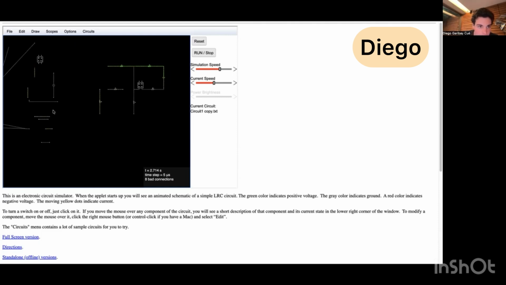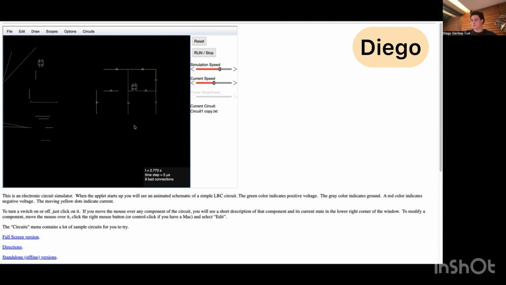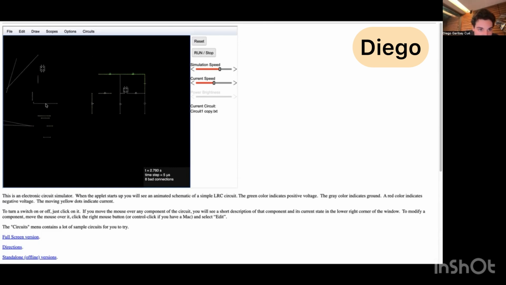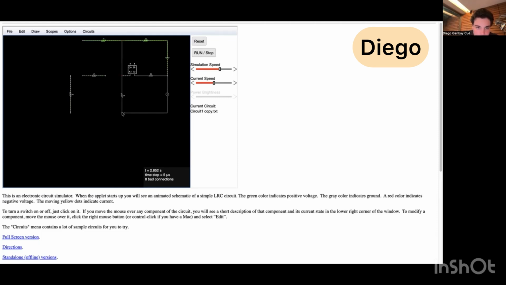Perfect. Now we also have a current source over here that is of 2 amperes. And then we have here just a string.